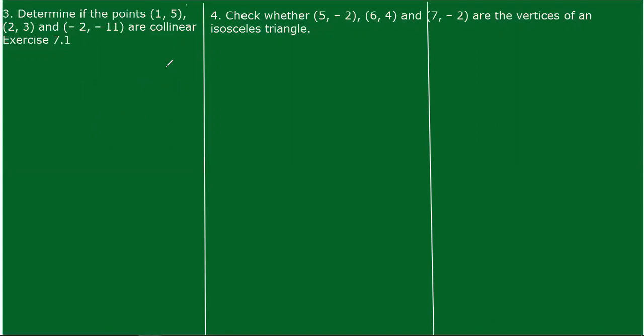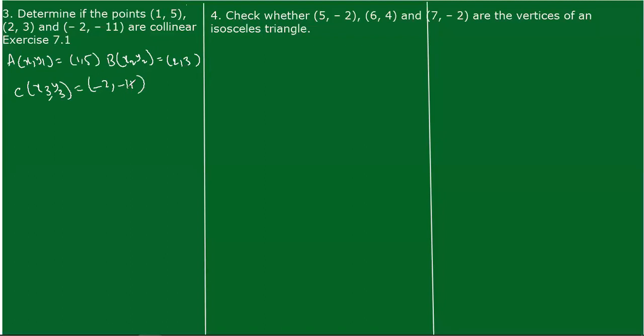So we can take point A as x1, y1 equal to (1, 5), and B as x2, y2, that is (2, 3), and C point x3, y3 is equal to (-2, -11).